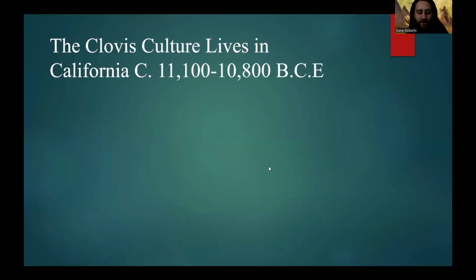And then we have, after the pre-Clovis cultures settled in North America, one of the most famous archaeological cultures began to develop, and that is the Clovis culture, which lived in California between 11,100 and 10,800 BCE.